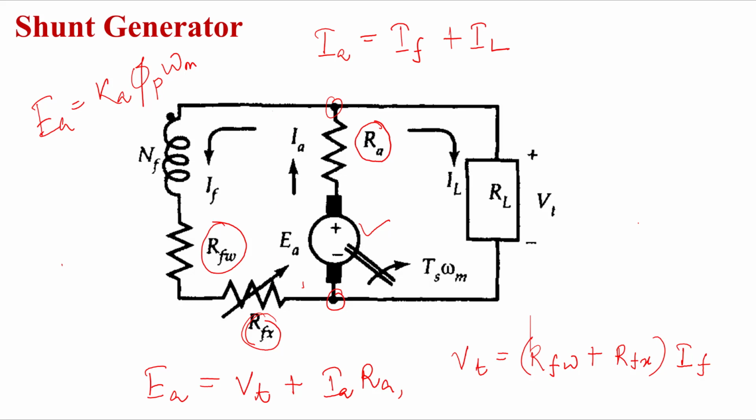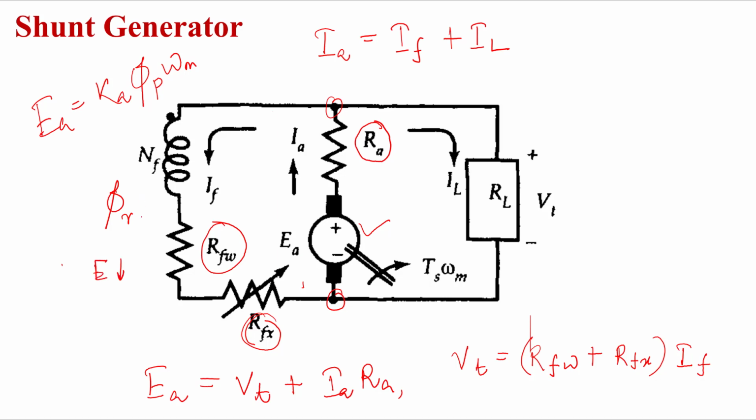How will it help? Suppose we have a very small residual flux, let us say phi R. As soon as the generator is rotated through the prime mover, it will develop a small voltage across the armature. EA will be very small.